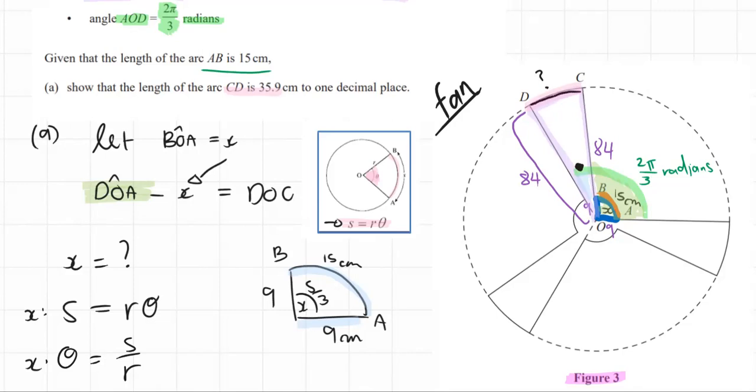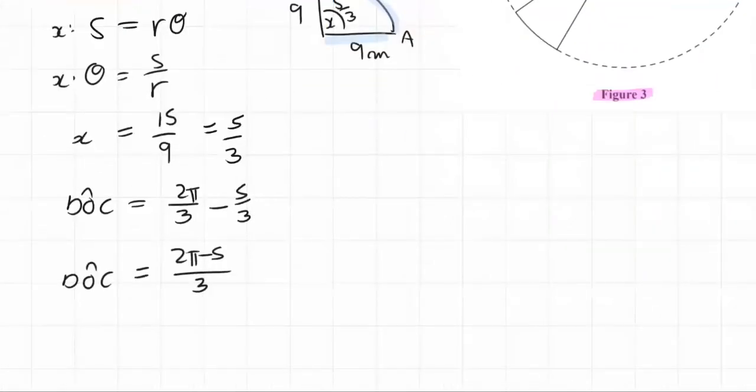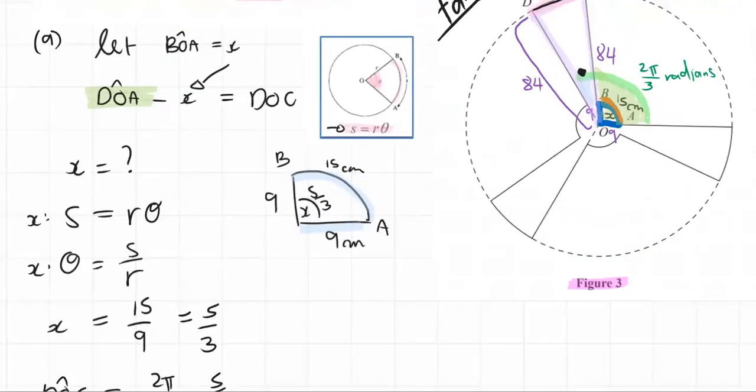Okay. So again, we use our S equals R theta. So we have S equal to R theta. And now our radius is 84. So that's from here.